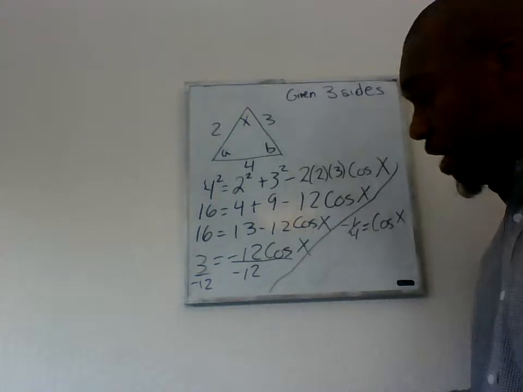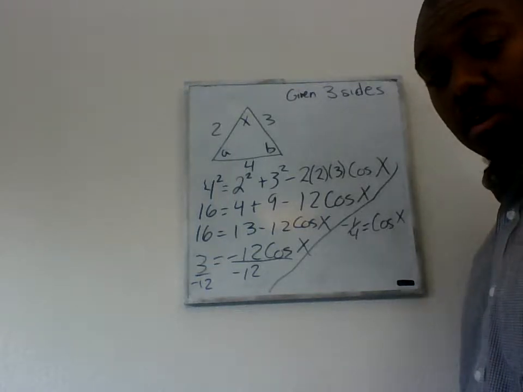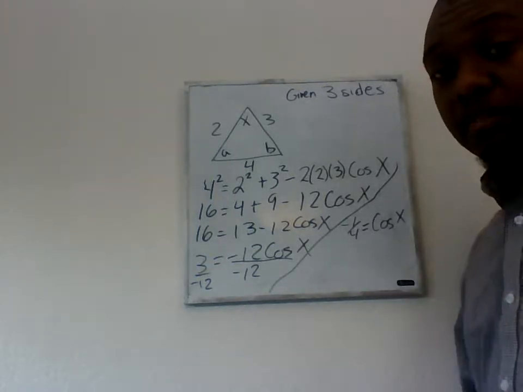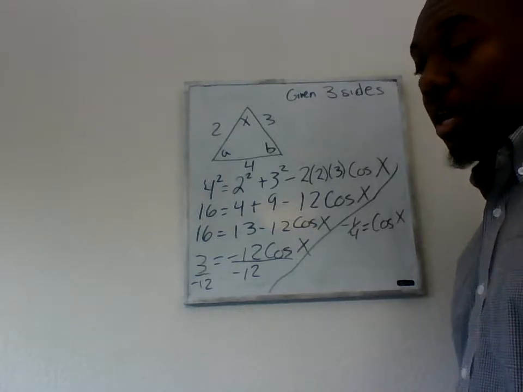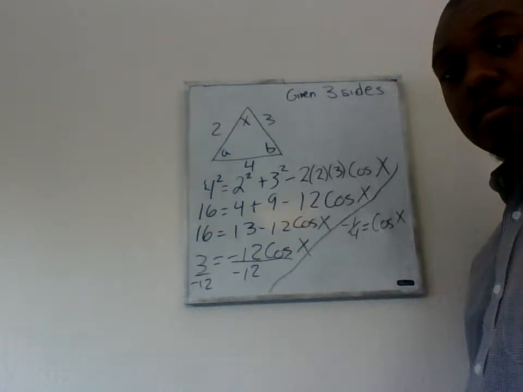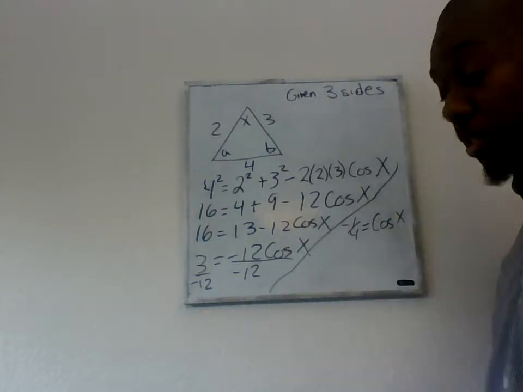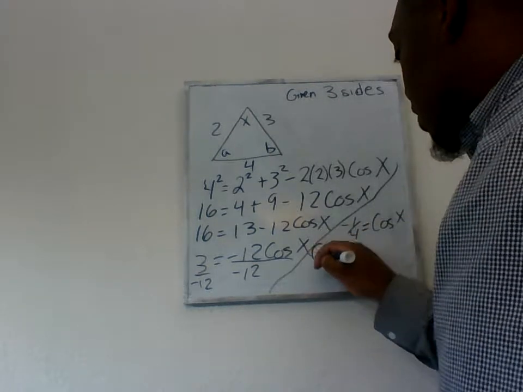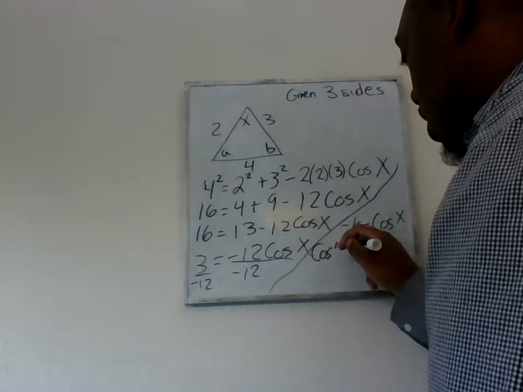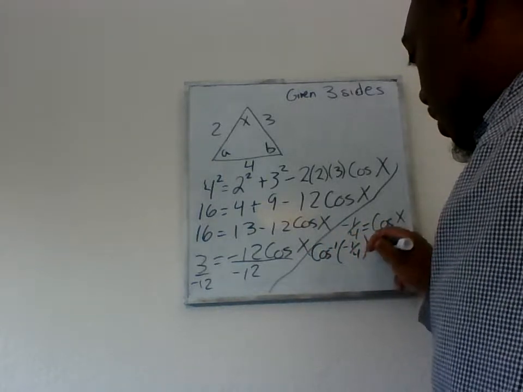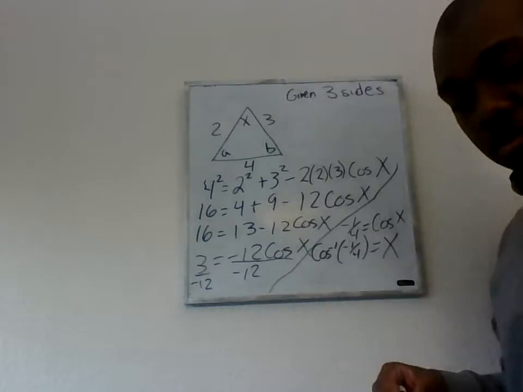Have you ever had to solve for an angle inside of a cosine function? Yes, you have. How exactly did we do that? We use the inverse cosine. To get rid of cosine, use the inverse cosine. So we would do inverse cosine of negative 1/4, and that would be our missing angle.